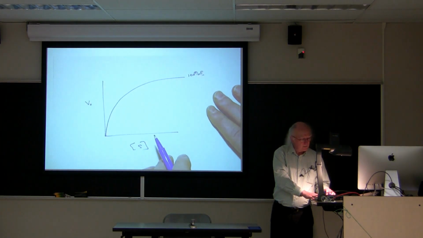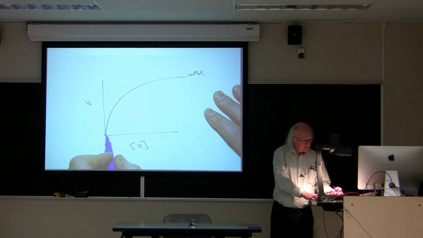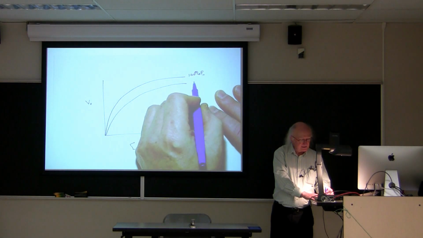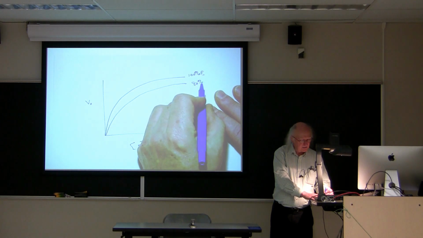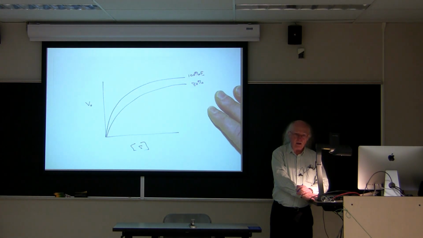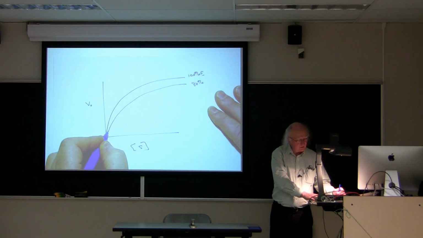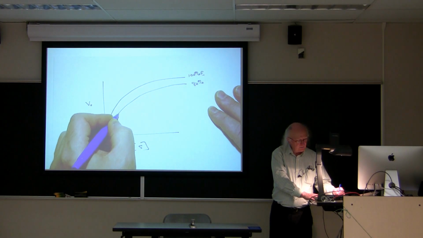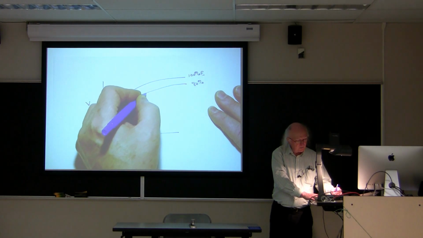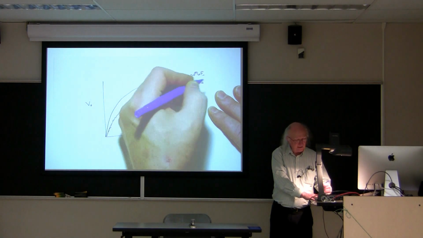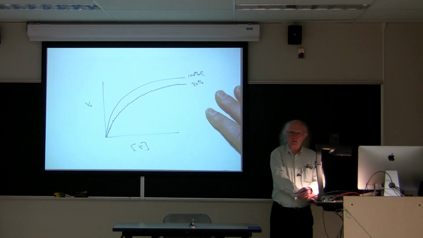Okay? And I do the same reaction in the presence of only 80% of the enzyme, and I see something like this. Now, if I do the reaction with an inhibitor, and I'm going to use a little squiggle here to indicate with the inhibitor, I get exactly the same line.